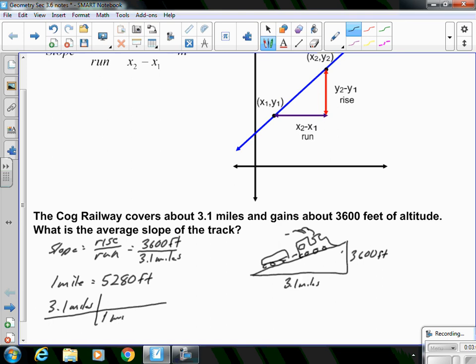So 1 mile and 5,280 goes on top. The units we want to get rid of go top and bottom. So now we've got 3.1 times 5,280. That will be 16,368 feet.